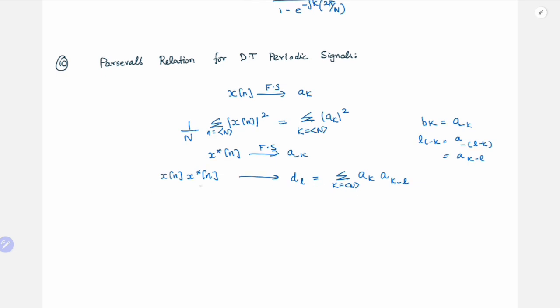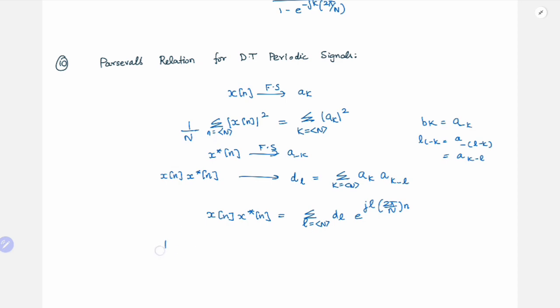Now if we write it in terms of the synthesis equation, we have x of n into x conjugate of n equal to summation over l in N of dl e power jl 2 pi over N into n. Now we need to get this side.